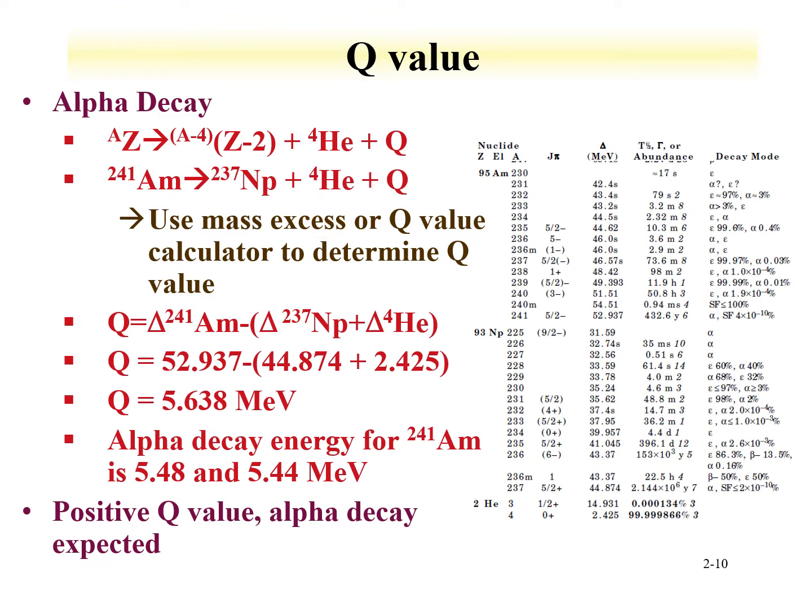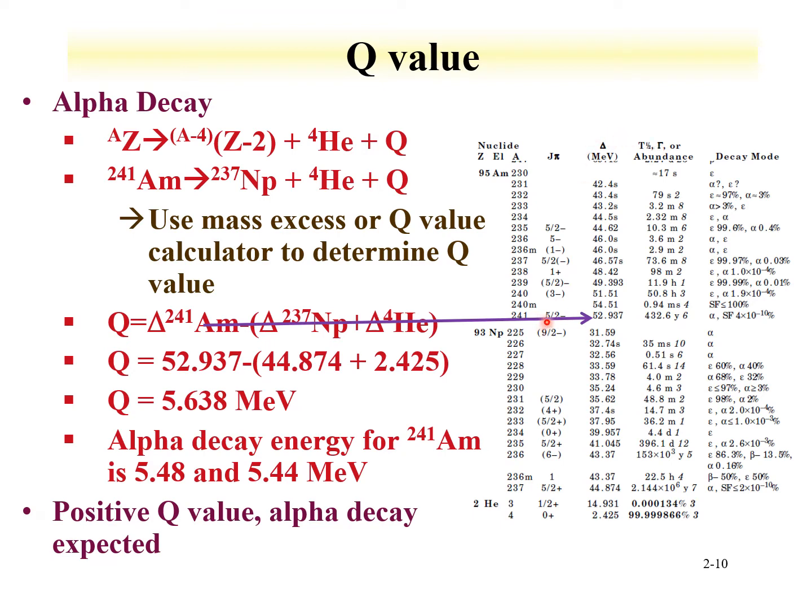We can also do this with something called the Q value calculator, and I'll show you how to use that later in this lecture. But let's consider the terms that we have here. I need to get the mass excess of americium, neptunium, and the helium nucleus. Here are the isotopes of americium. For 241, the mass excess is listed here.